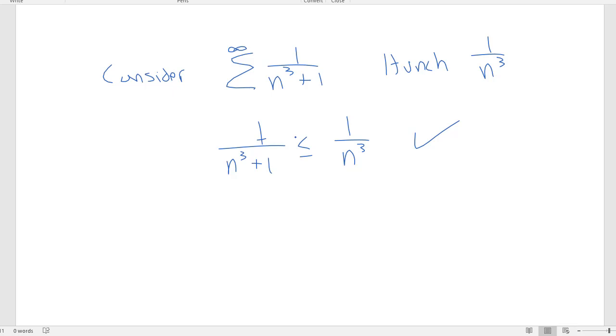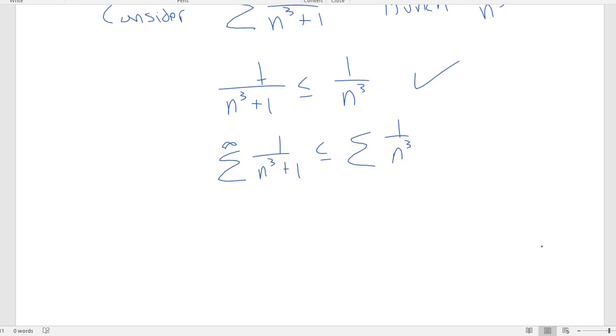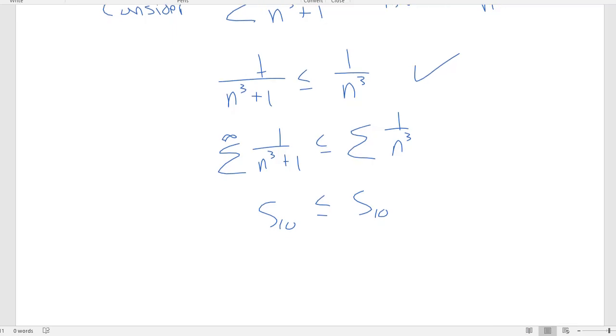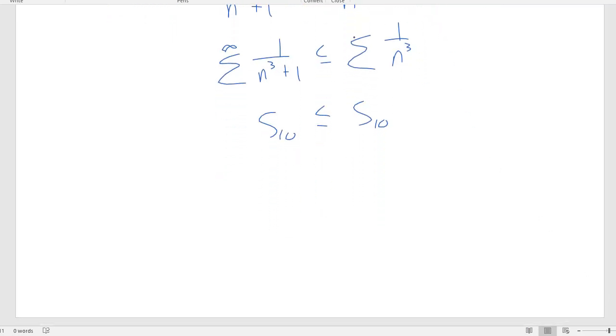So, if I sum up the first 10 terms of this series, keep in mind the infinite sum of this series is going to be at most the infinite sum of this series. So when I sum the first 10 terms in this series, it's going to be at most the sum of the first 10 from our known series. Now again, we calculated the sum of the first n terms up here above.